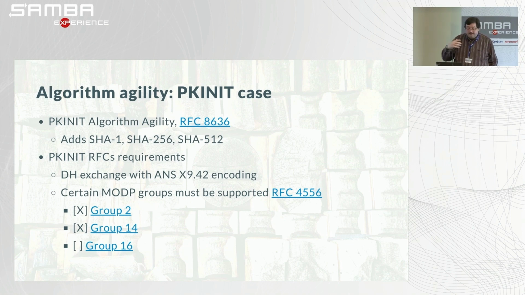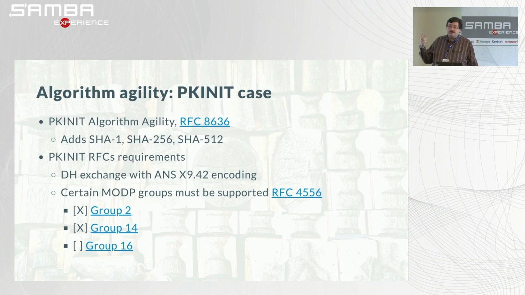Then there are other RFCs, and they effectively depend on a few crypto primitives and techniques. One of them is the Diffie-Hellman exchange using X9.42. I think it's ASN.1 encoding of the parameters for Diffie-Hellman, where certain groups used for this exchange must be supported by compliant implementations.